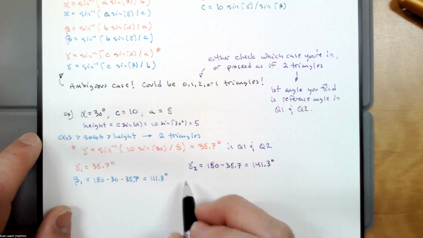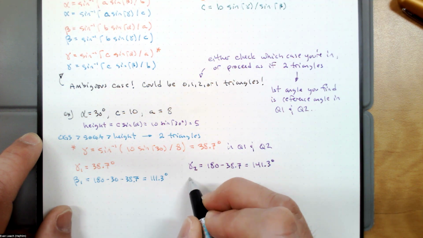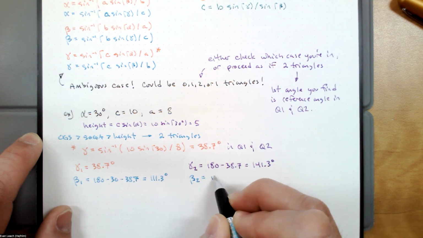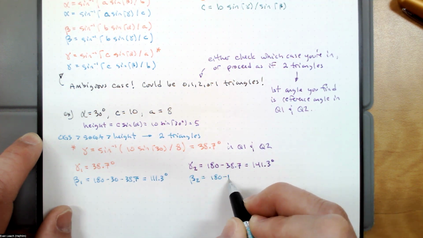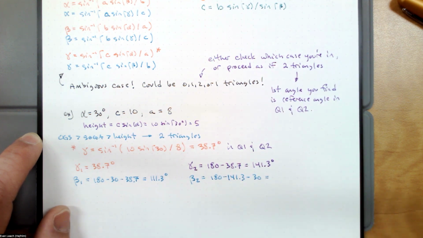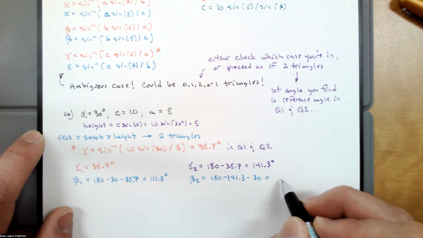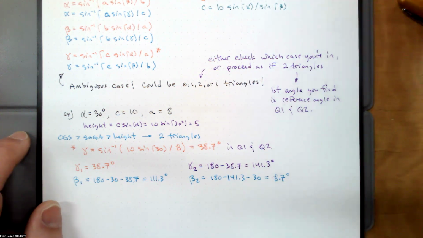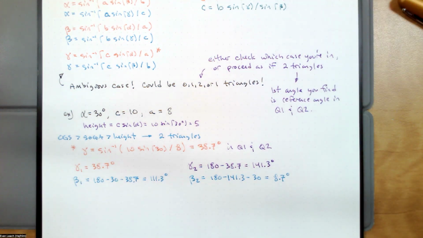And then over here in gamma 2, I'm going to have another beta. It's going to be 180 minus 141.3 minus the 30 degrees. And so that's going to give us, what, 8.7? You can see how easy I'm making my life by giving myself alpha equals 30 degrees.